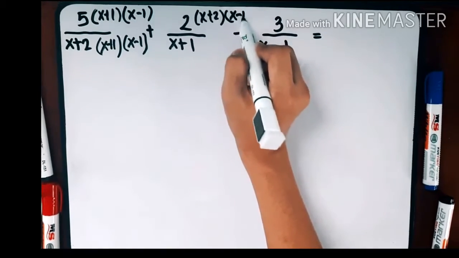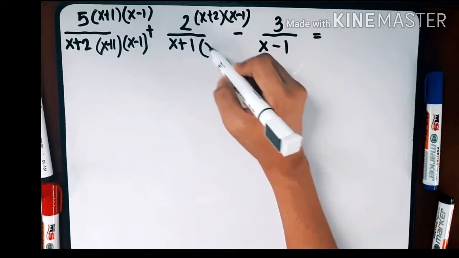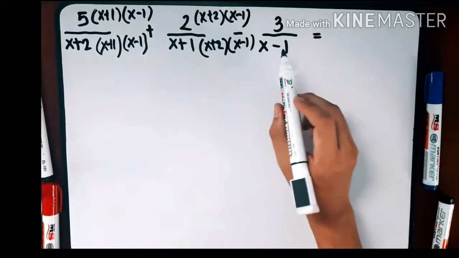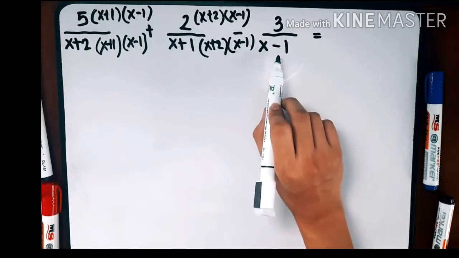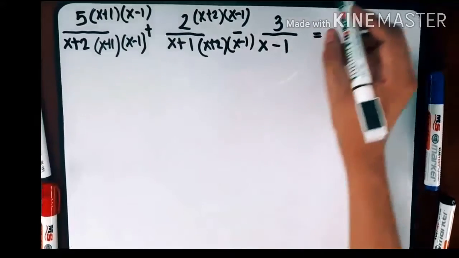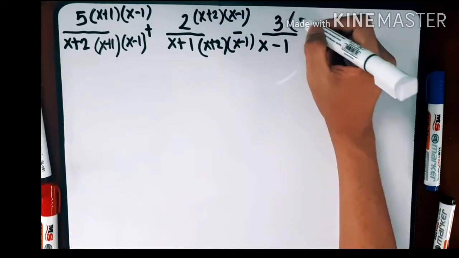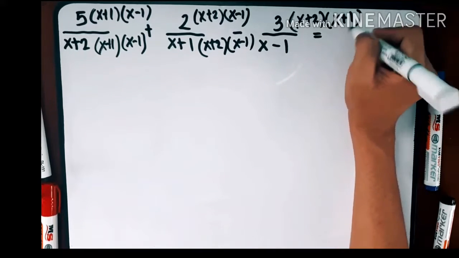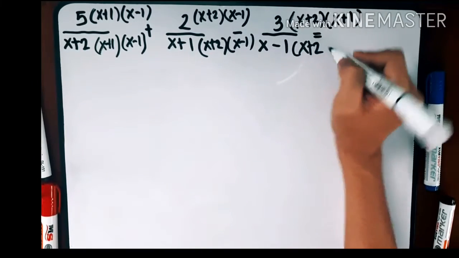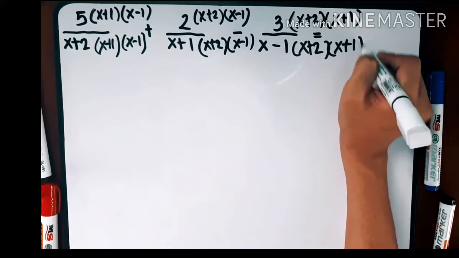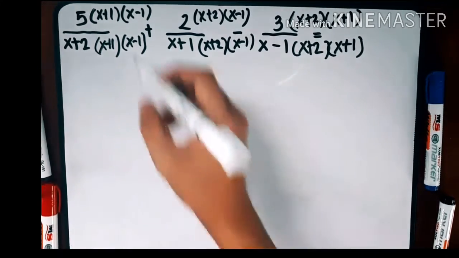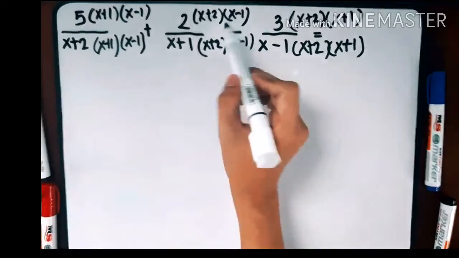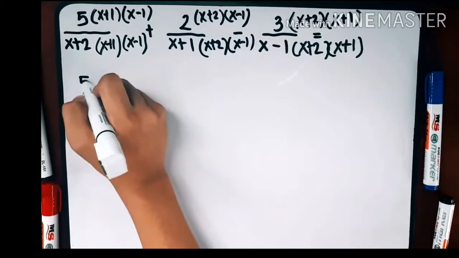Okay. And sa denominator, while kung may x minus 1 na dito, multiplied by x plus 2 and x plus 1. Okay. Next, para ma-simplify muna natin, i-foil method natin itong mga to, so rewrite natin.